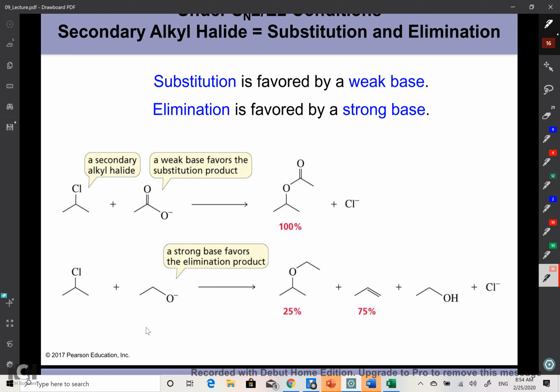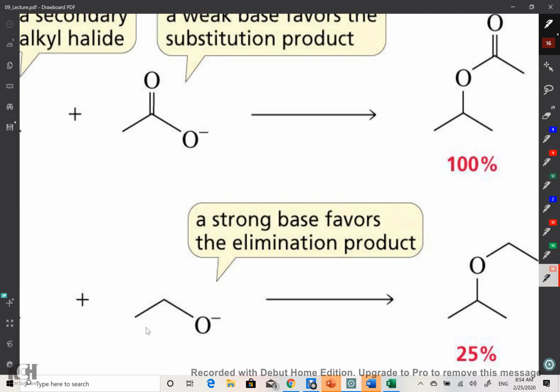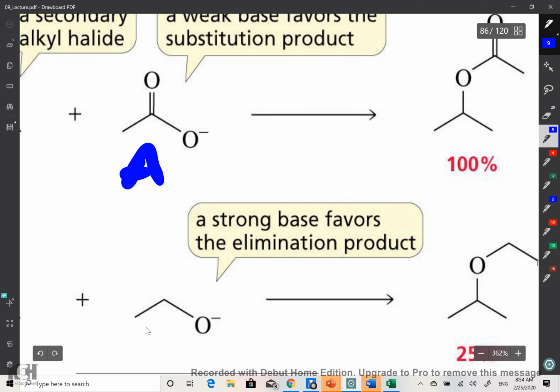And now here we have two bases. Let me label them. Let's call this one base A and base B. Destiny, you know my question, right?